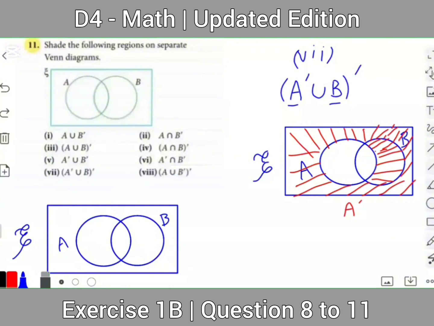And now we will shade the region for the set B with black color. And this represents the region for the set B.